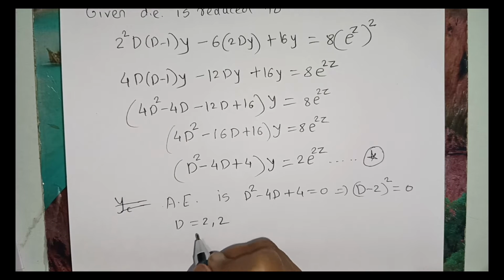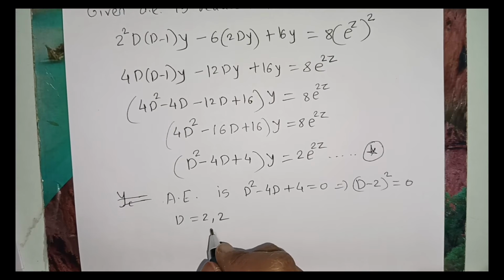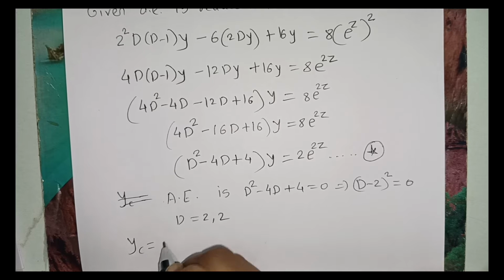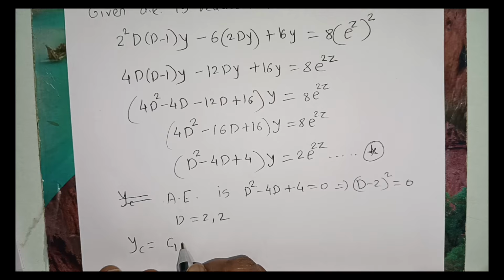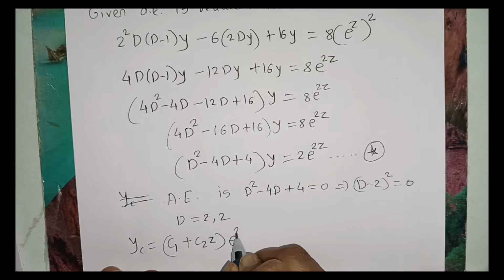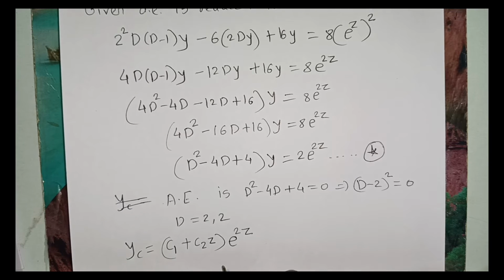So this is a case of real repeated roots. So yc is equal to (c1 plus c2 z) e raised to 2z. Why z? Because z is the independent variable, and we take the independent variable in the yc. So c2 z e raised to 2z.